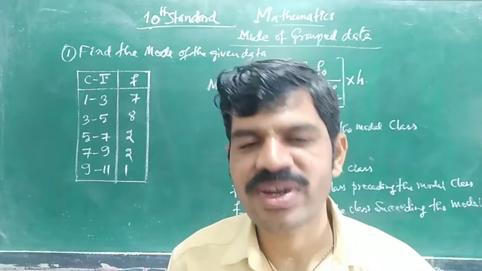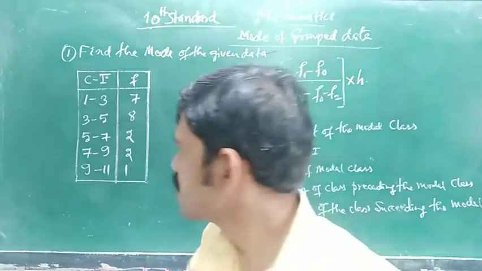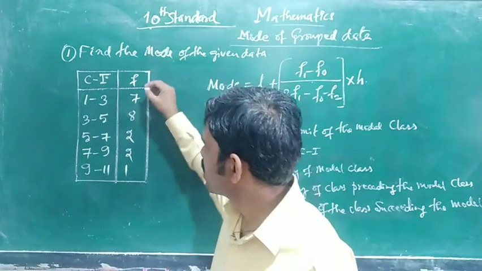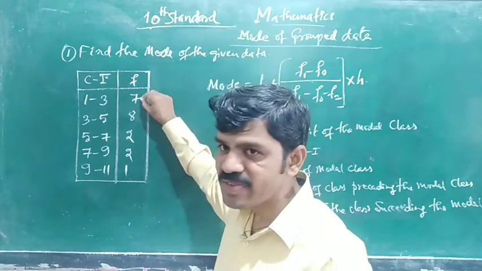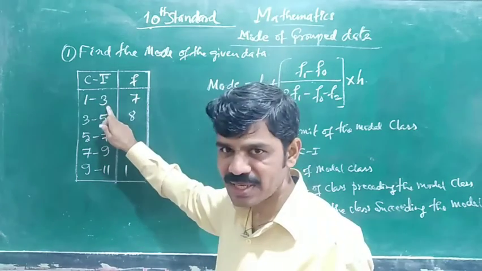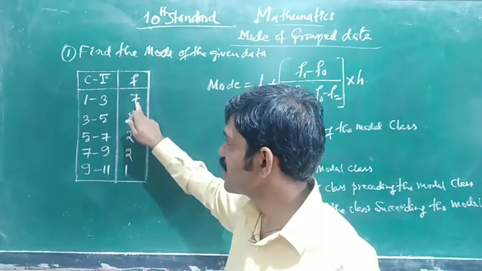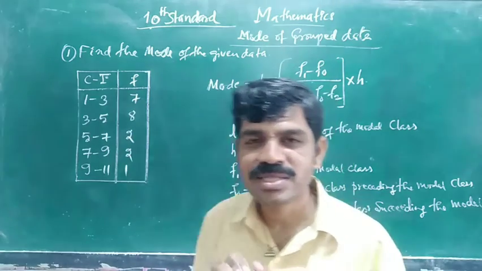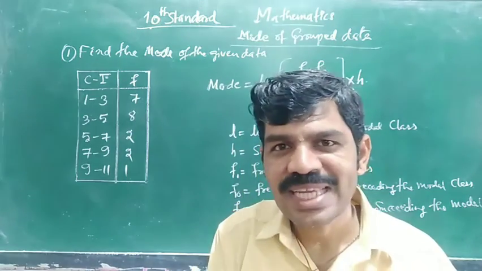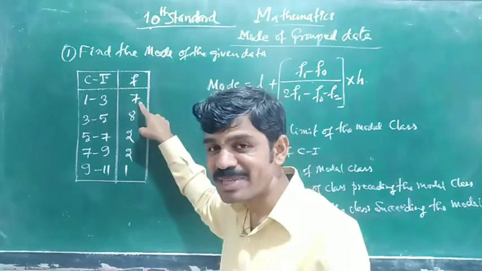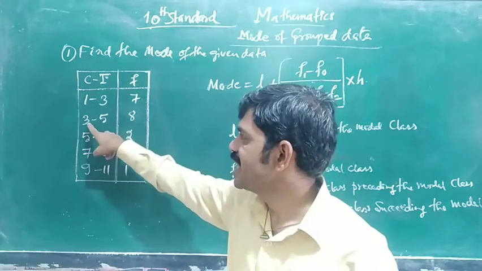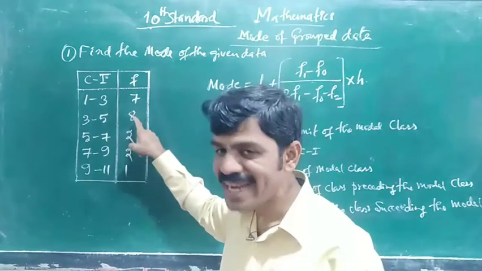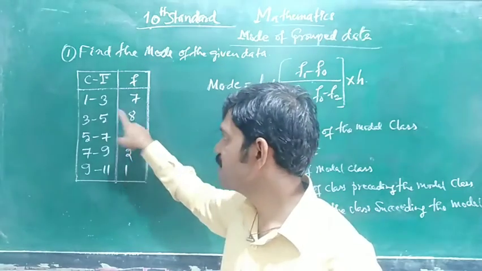This is somewhat different. So class interval is given. There is a frequency of 7 between 1 and 3. Like that, between 3 and 5 there are 8 numbers repeated.